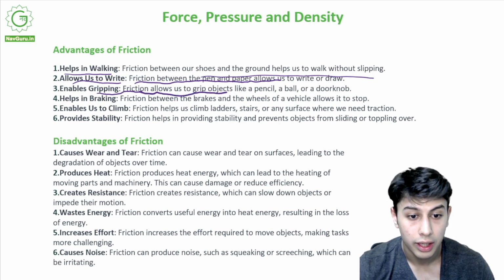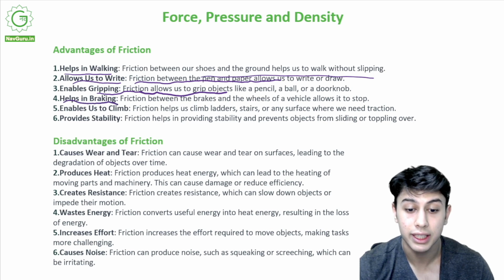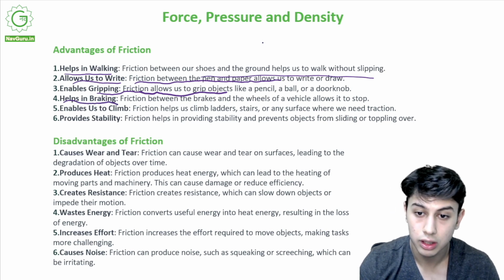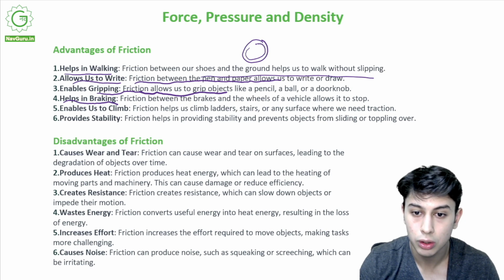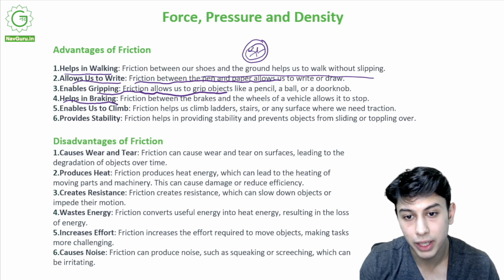It helps us in braking. If you're riding your bike, if you're riding your car and we apply brakes, there is resistance to the wheel. Supposedly this is a wheel. This is your cycle's wheel. Go home and see there are brakes attached to this. This is a cycle.